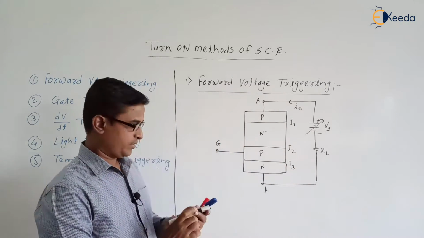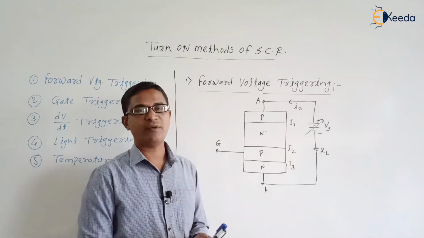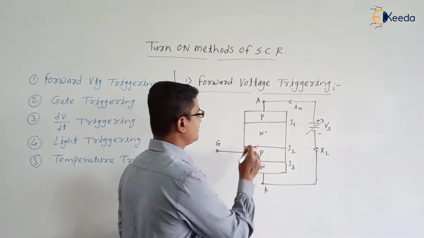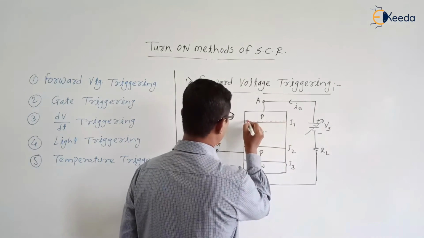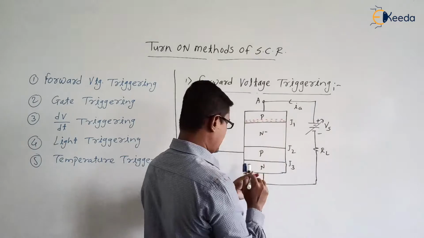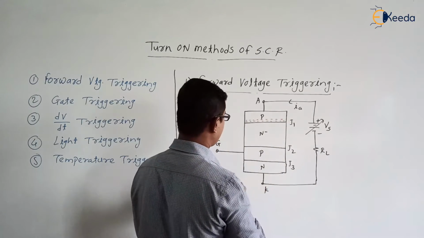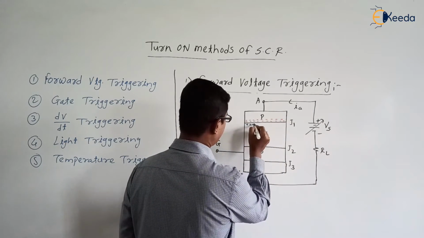Across each junction we will have a depletion layer. At the P side, the depletion layer consists of negative charges. At the N side, the depletion layer consists of positive charges.